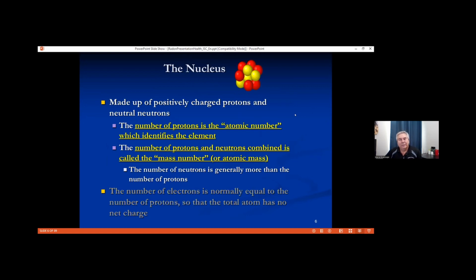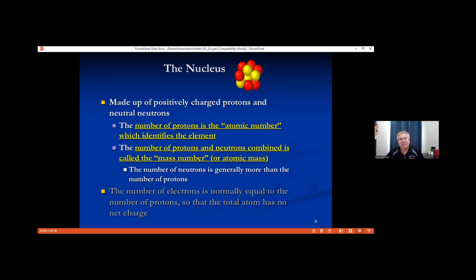The nucleus is made of positively charged protons, like we mentioned, and neutral neutrons. That's why we call them neutrons: they don't have a charge. The number of protons is what we call the atomic number, which identifies an element.